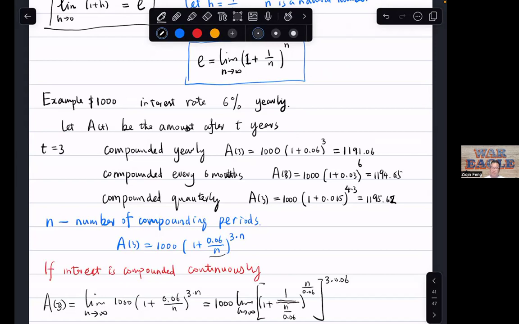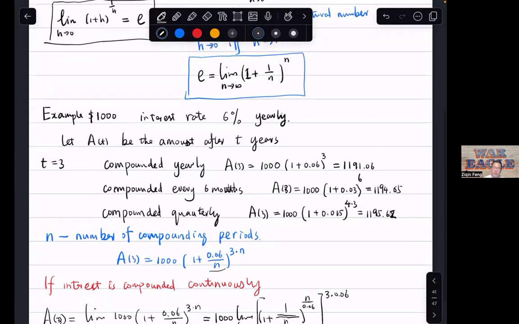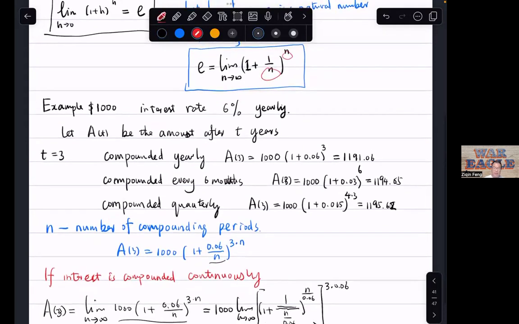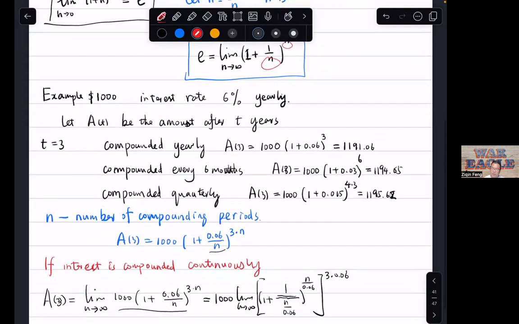You can see that everything will be canceled except what we have here. Why do I do that? As you can see, if you have this and that are the same, and that term goes to infinity, that should be e. So that's why we are doing that. So this is equal to 1000 times e to the power 3 times 0.06.